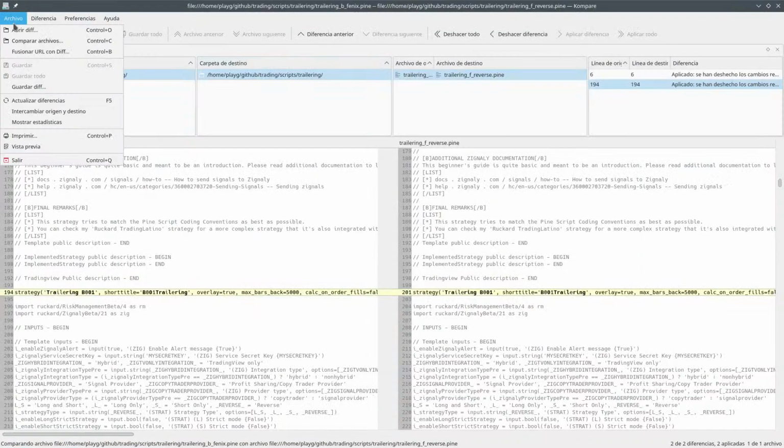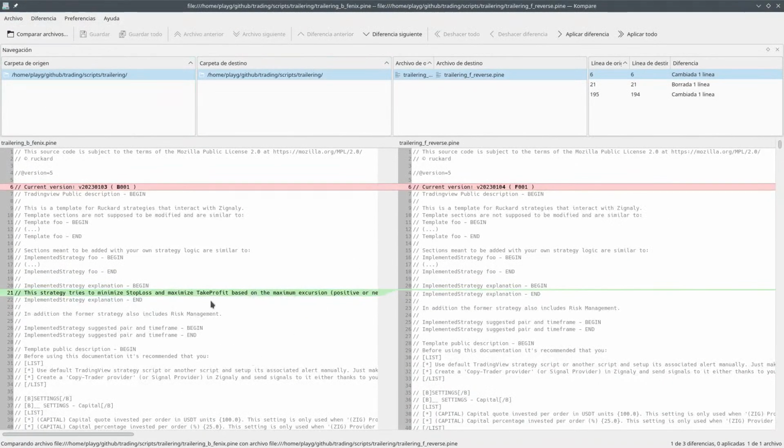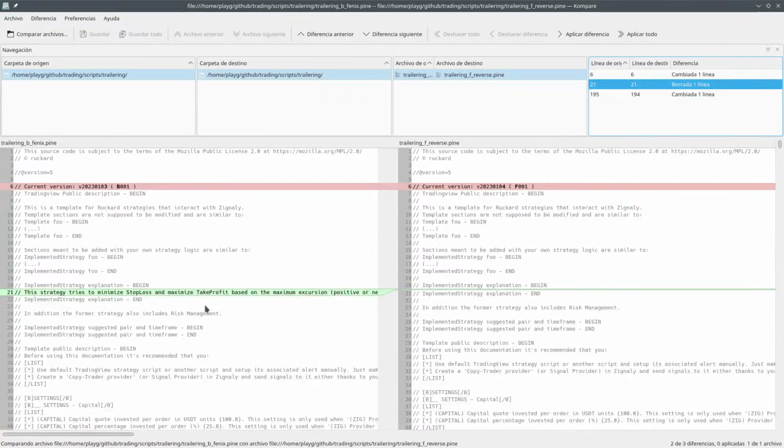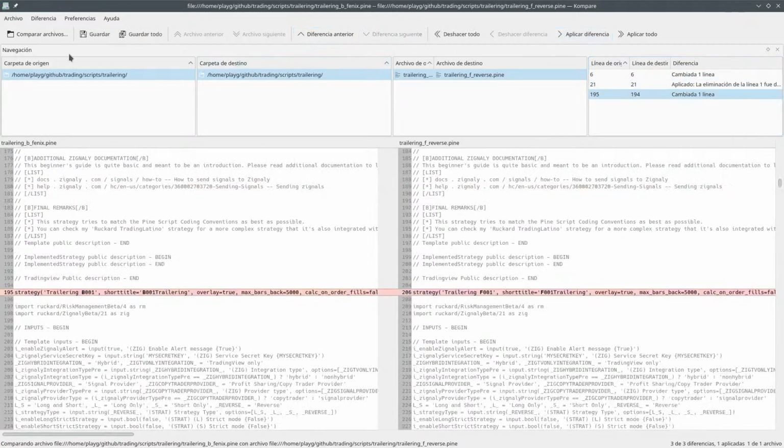I have already it open here, and I should have this change here, which is the strategy explanation.